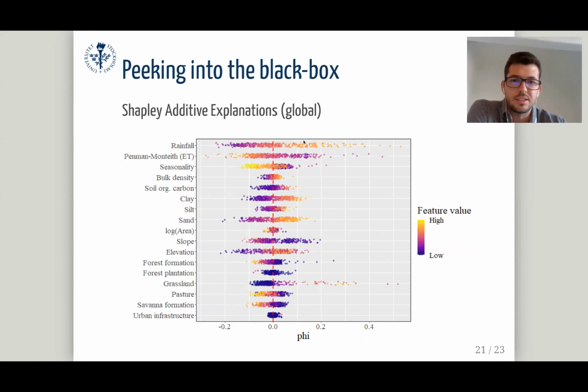If we see this large spread, high variability means that the variable has a higher importance and can have a higher attribution on your prediction. If we rotate this picture, it would be similar to the variable importance plots I showed earlier on. And what we also like to see here is this nice pattern for the colors.